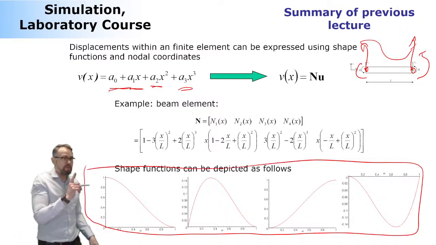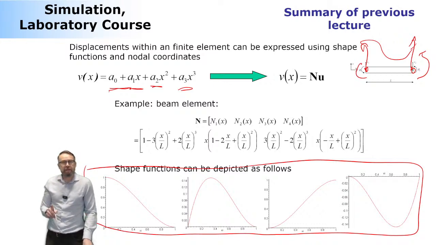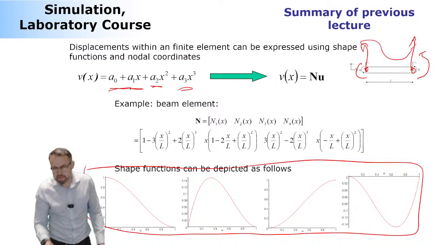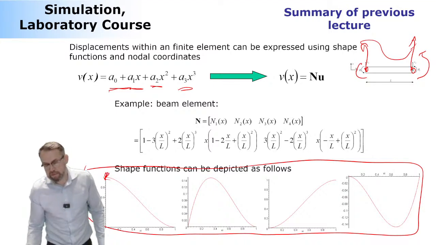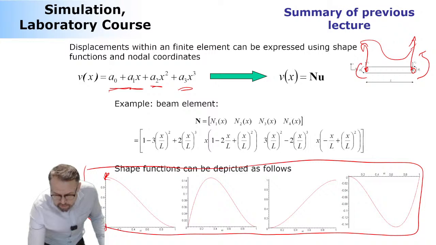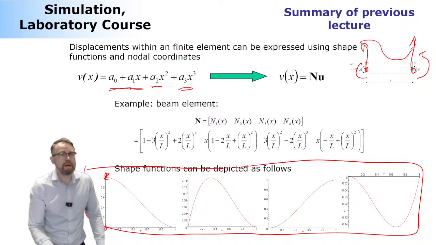A very important observation is this. Shape functions are orthogonal. So they're affecting only one nodal degree of freedom at a time. Only one. But they still predict the particles between the nodes. An example is here. This one expresses a unit displacement in the first node's y direction.